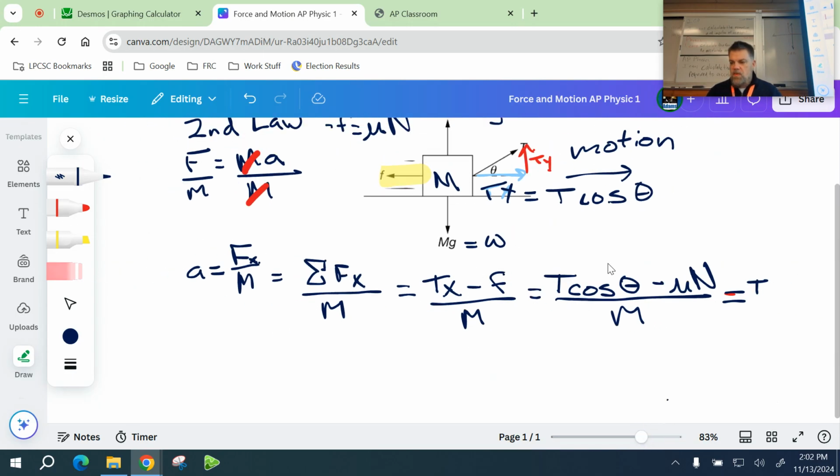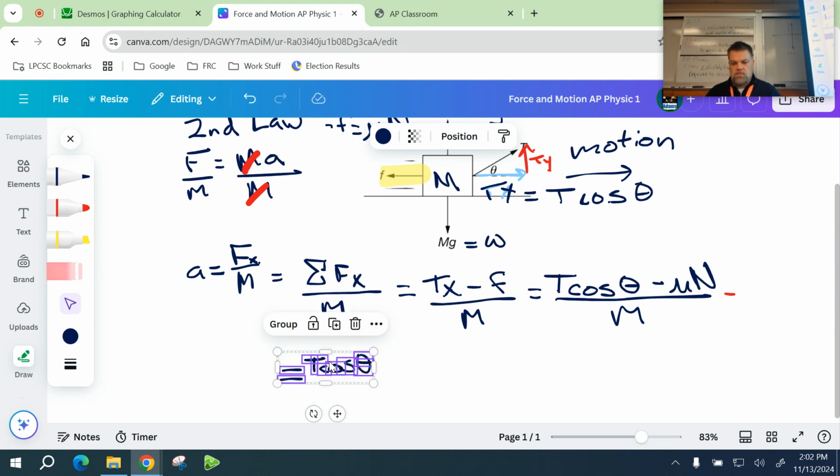So we've got T cosine of theta. Let me see if I can slide over a little bit. No. I'm just going to move this down here and zoom back in so we can see it better.